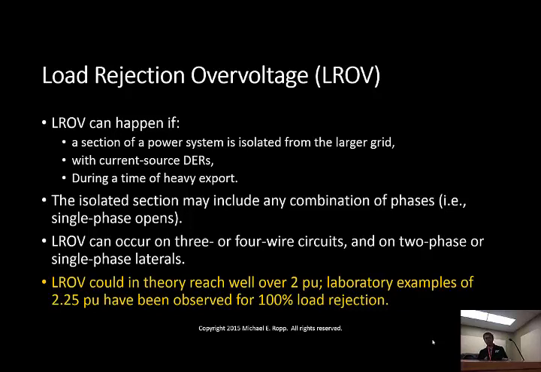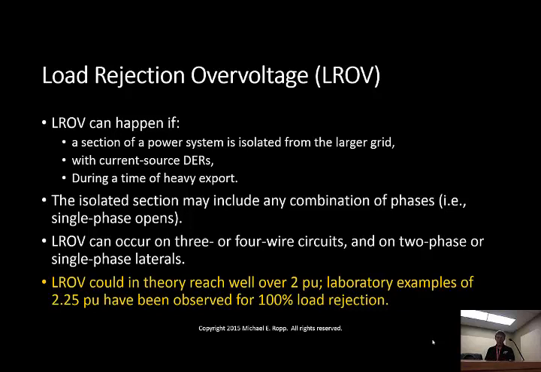Now, some of these test results should be taken with a grain of salt because they're older inverters, they're single-phase inverters, and it's an absolute, 100% load rejection. For us, we don't care so much about that case, because if you are a distribution engineer, you don't necessarily care if the inverter damages itself. For me, I care about that a lot because I don't want the inverter to blow up.